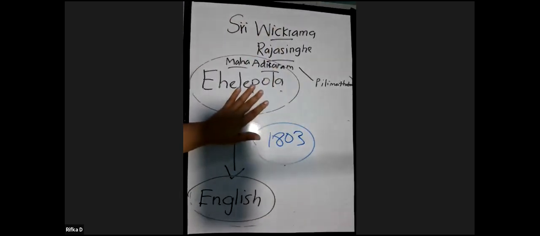King Sri Vikrama Rajasingha, who was in English custody, was deported to Vellore by the English. As you saw in that video, he died in a place called Vellore in India. So this is how the Kandyan kingdom ended.